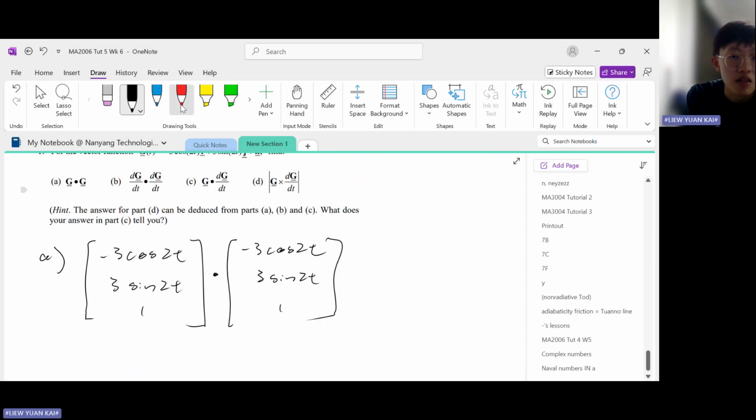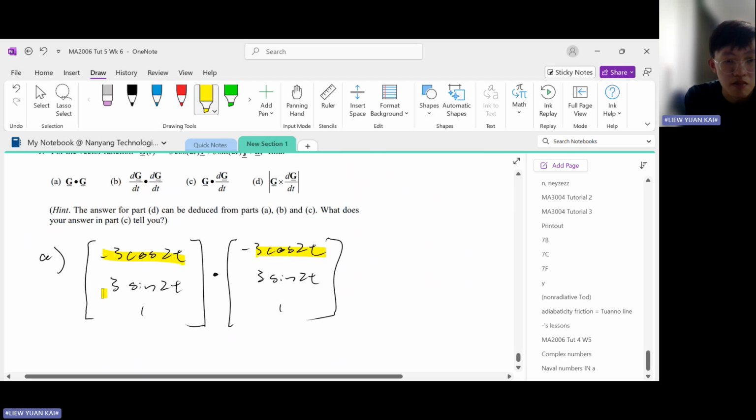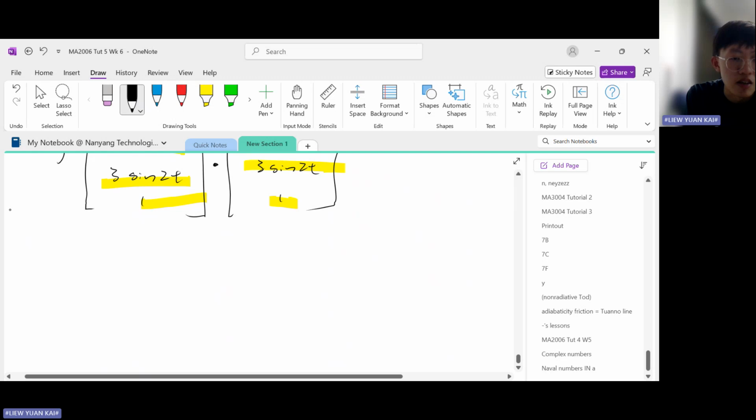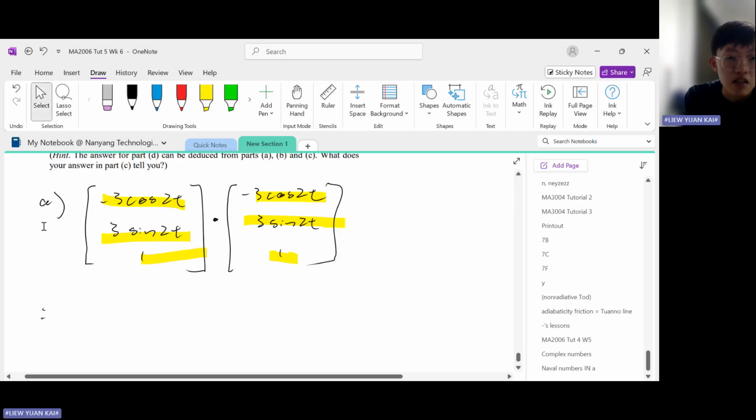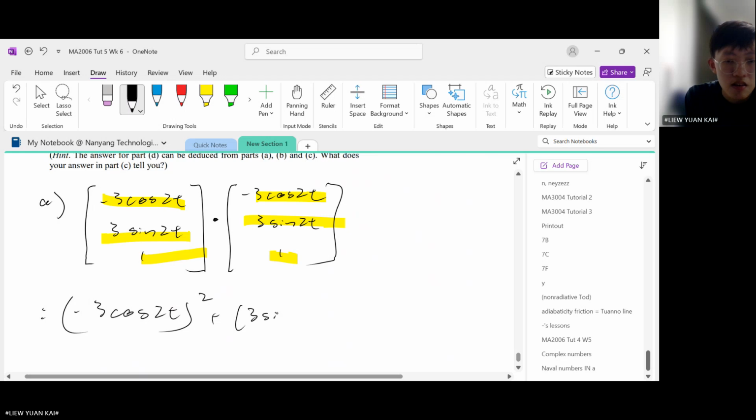Remember dot product means you multiply the corresponding entries and add them all together. This times this, plus this times this, plus this times this. So you go ahead and do that. So you see, it's multiplying by itself. Means this thing squared plus the y entry squared plus the z entry squared.